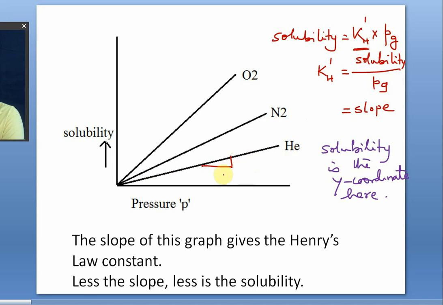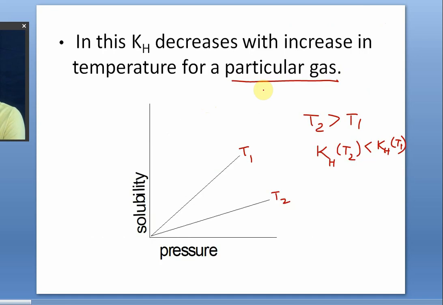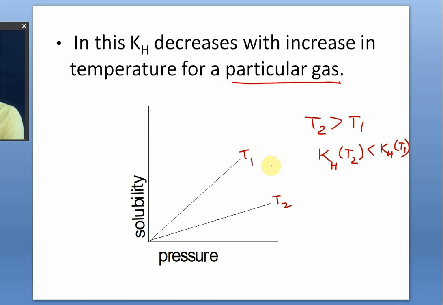So since helium has the lowest slope, it has the lowest solubility. Then oxygen has the highest kH prime, so it has the highest solubility among the three. Here the solubility and the Henry law solubility constant are directly related, right? And temperature wise also, the more the temperature, the less the Henry law constant.